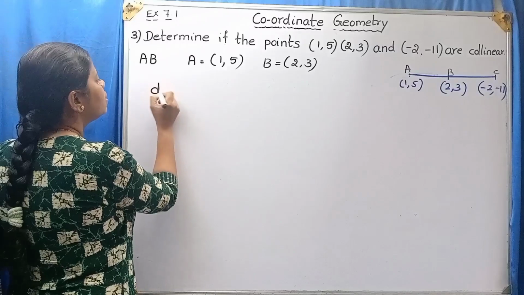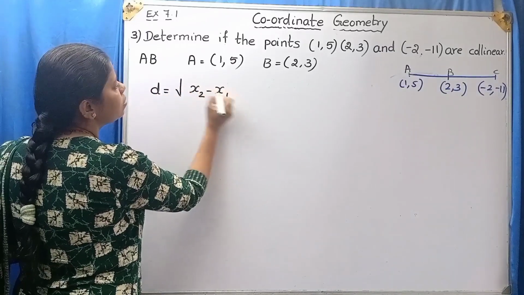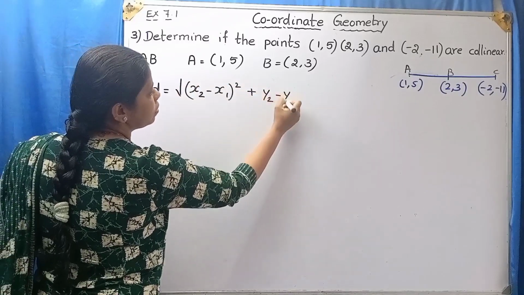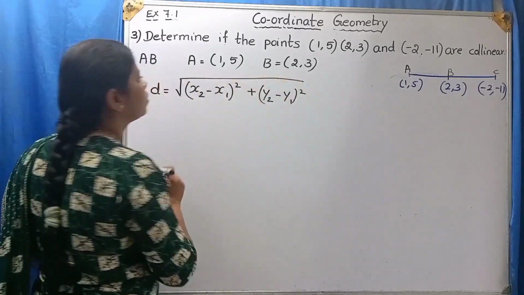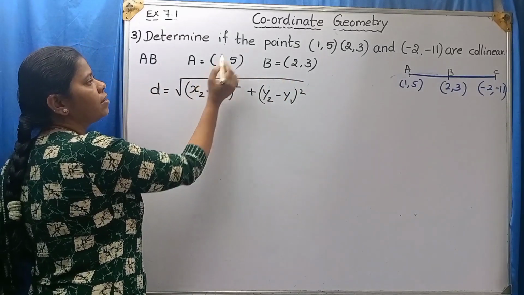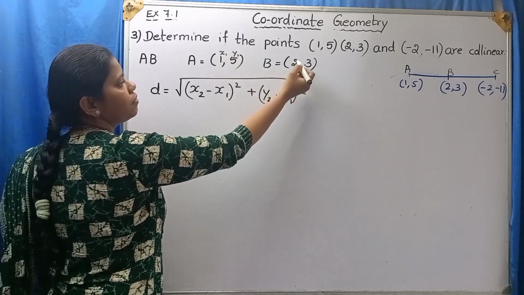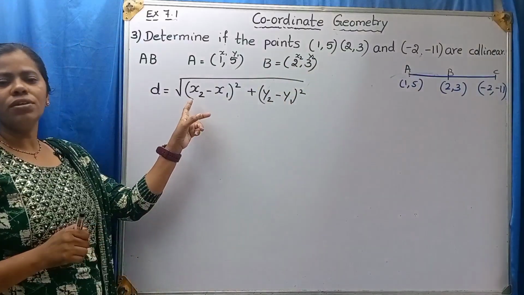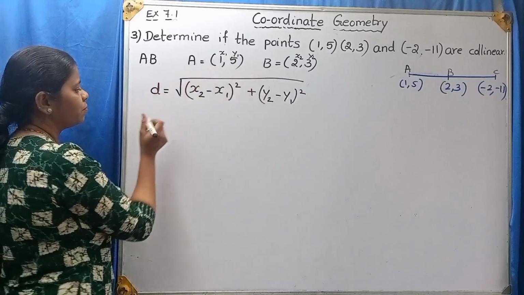That is D is equal to square root of (x2 minus x1) the whole square plus (y2 minus y1) the whole square. Isn't it? This is our x1 and this is our y1, this is our x2 and this is our y2. Now let us substitute the values.